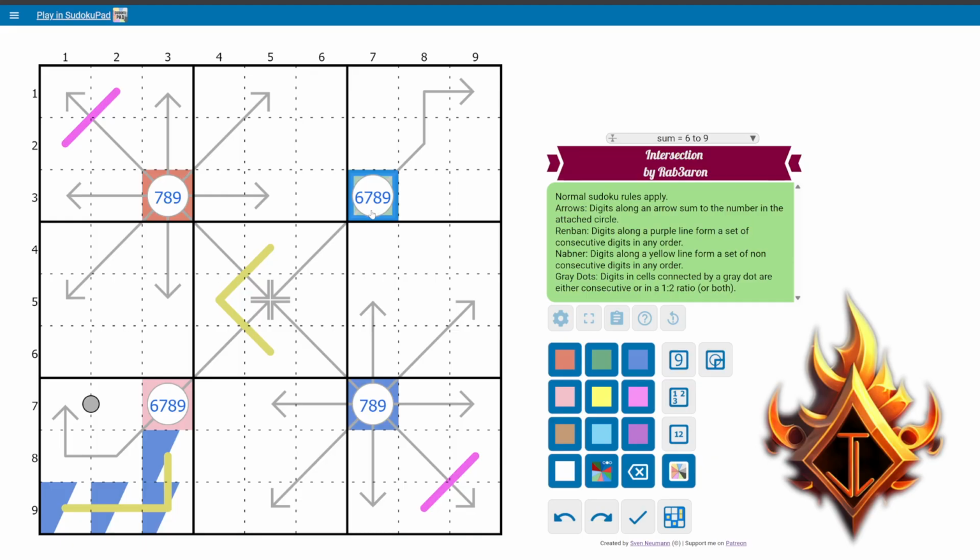Green, however, okay, if red can go here or the Nabner. Green could be 6 though and be on the arrow.